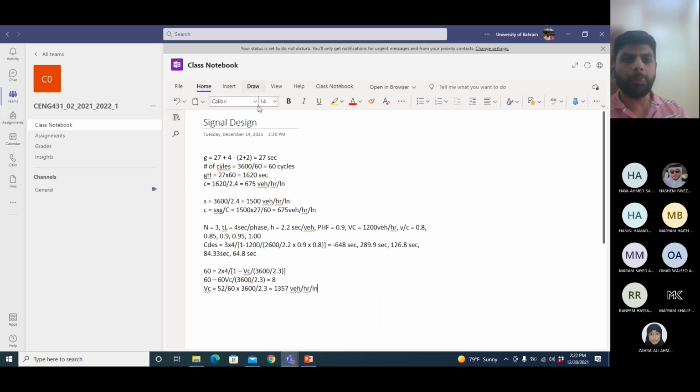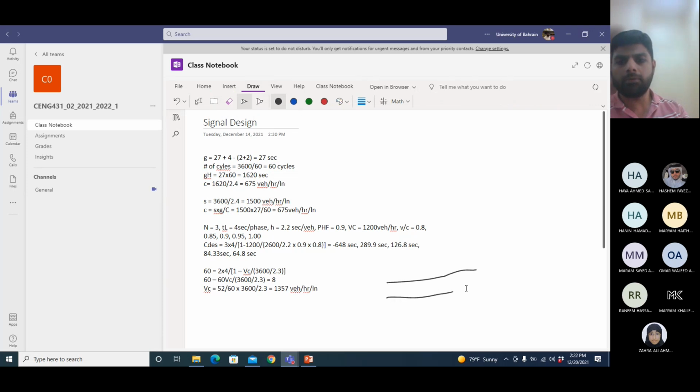So this is still 1200, and 1800 divided into 2 is 900 each.